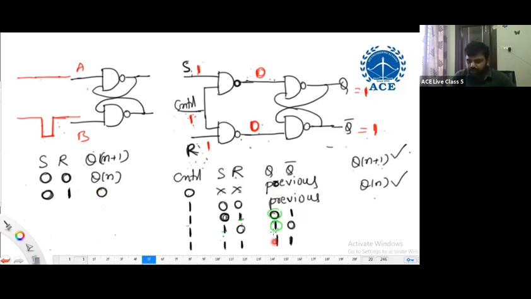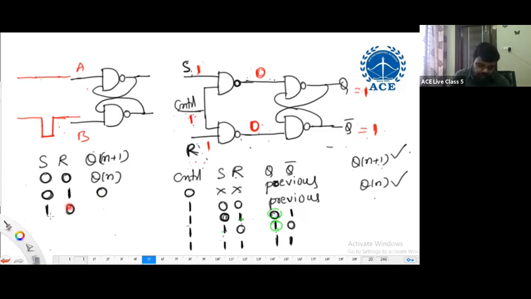I'm talking about only Q, assuming Q bar is complementary. So Q is becoming 0 when SR is 0, 1. Any doubt in that? Irrespective of Q of n available, Q of n plus 1 will be 0 when SR is 0, 1.